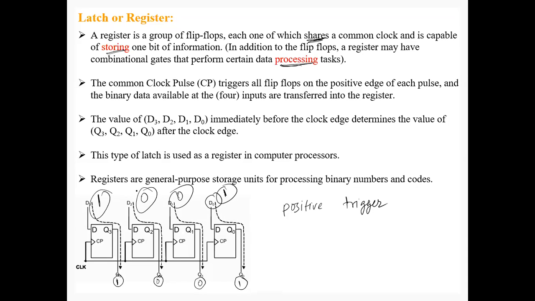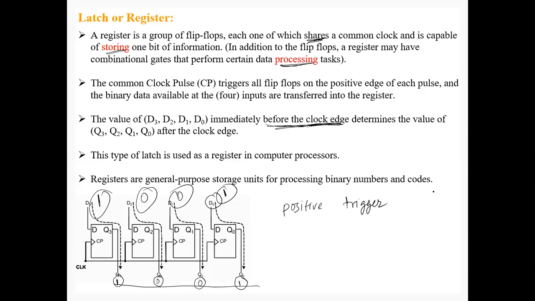These are the values immediately before the clock edge. That data will transfer to output. That's how a register works. A register transfers the data immediately before the clock edge.